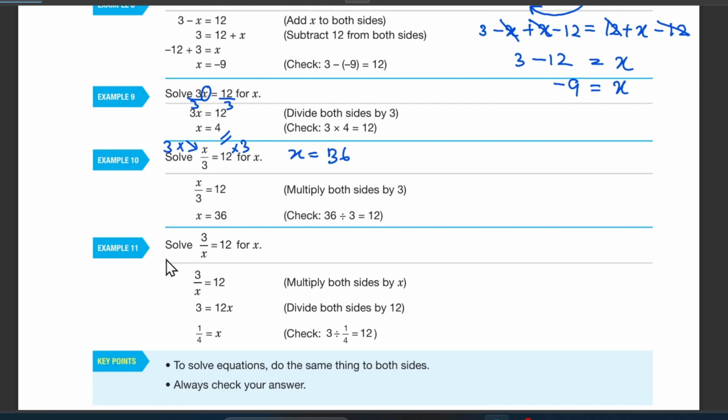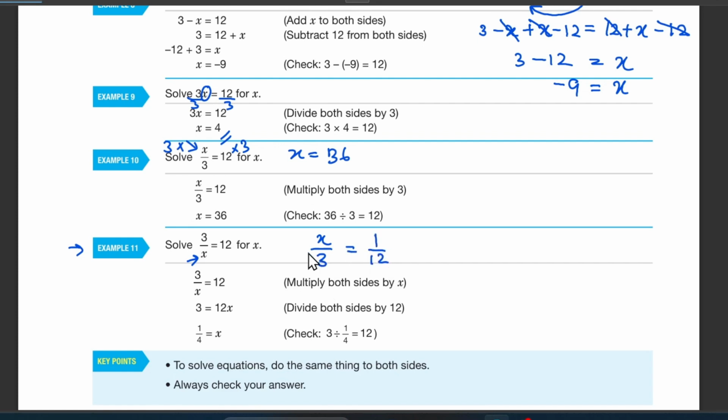Okay. In the 11th example, you can see the x term is in the denominator. So what we can first do is take the reciprocal of both sides. If we do some operation to both sides, it will not change the equation. So if I take the reciprocal of both terms, it will become something like this.